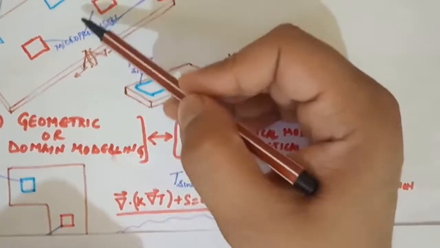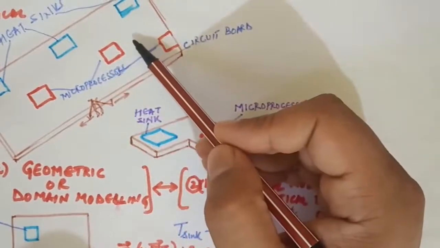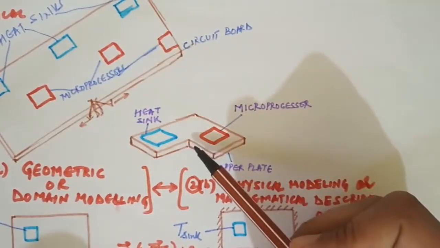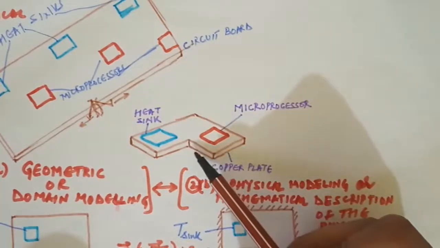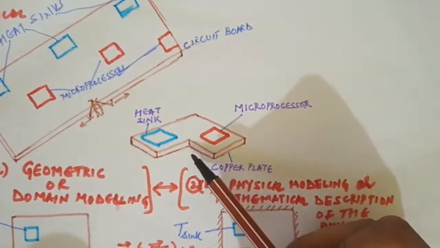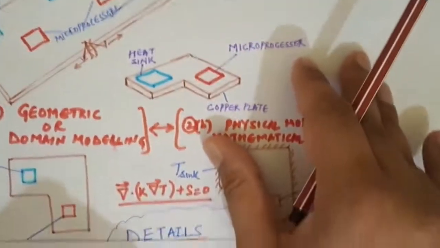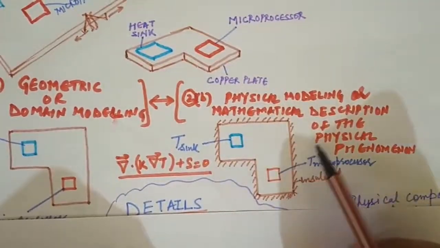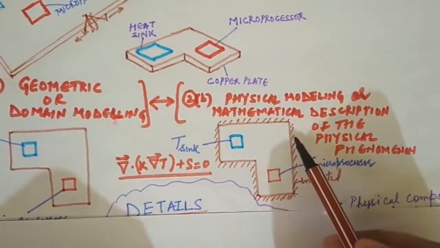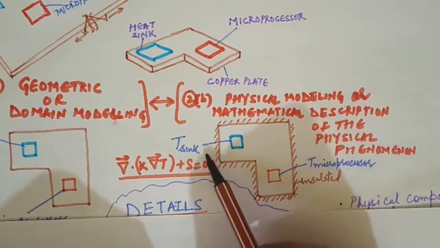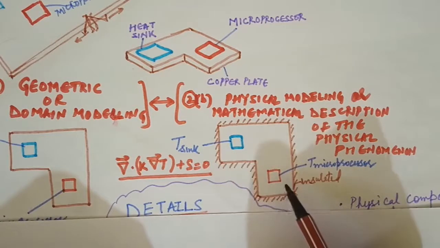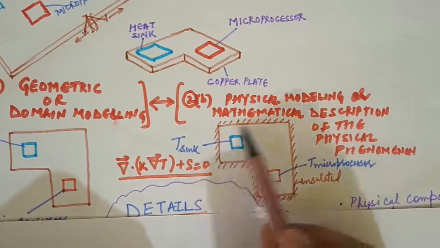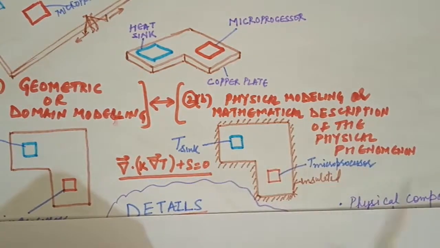Starting from this complicated circuit board, with the help of geometric or domain modeling, we narrow down to a 2D unit cell, and applying the concept of physical modeling, we further simplified it, assuming that sink temperature is fixed, microprocessor temperature is fixed, and this boundary is insulated.